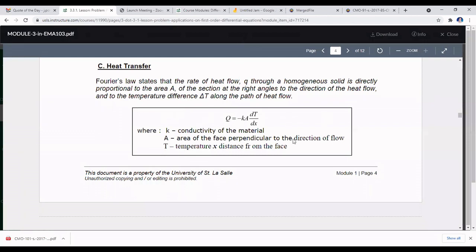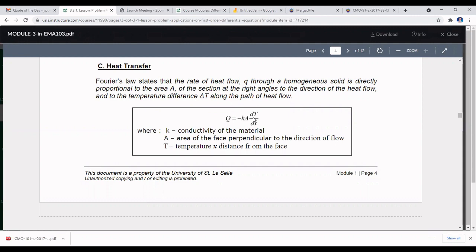So very good. This dT, if we use the premise of usually taking the difference of anything, is always final minus initial. So true to what was shared, the final temperature is lower than the initial temperature, because the direction of heat flow is always from a high temperature section to a low temperature section. So this is your final temperature.